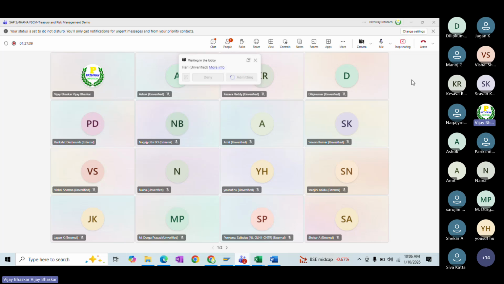A FICO consultant cannot implement that one, because the basic things they may accommodate, but EBS and other things will definitely be challenging for them. About 90% of those moving from ECC to S4 HANA are adopting the cash and liquidity management functionality. It is one of the biggest modules in FSCM. For your kind information.